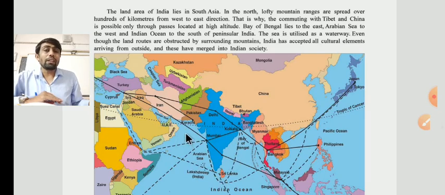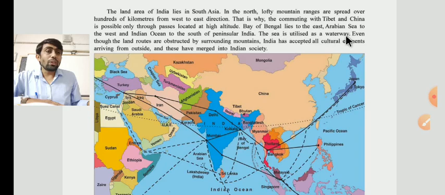And you know very well that India has near about 7,800 kilometers of waterways area. If you see only Gujarat, then Gujarat has only 1,600 kilometers of area. Bay of Bengal lies in the east, Arabian Sea to the west, and Indian Ocean to the south of peninsular India.